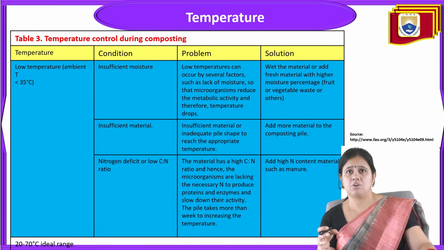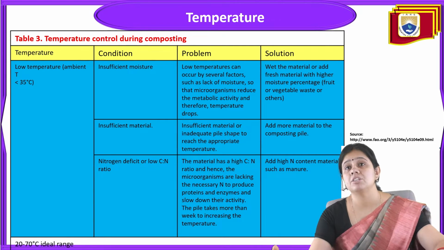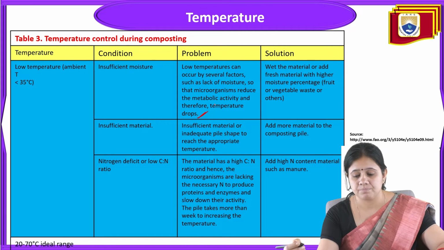First of all, if temperature is less than 35 degrees, the problem is that low temperature can occur by several factors, like the lack of moisture, so that our microorganisms reduce their metabolic activity, and therefore the temperature drops.